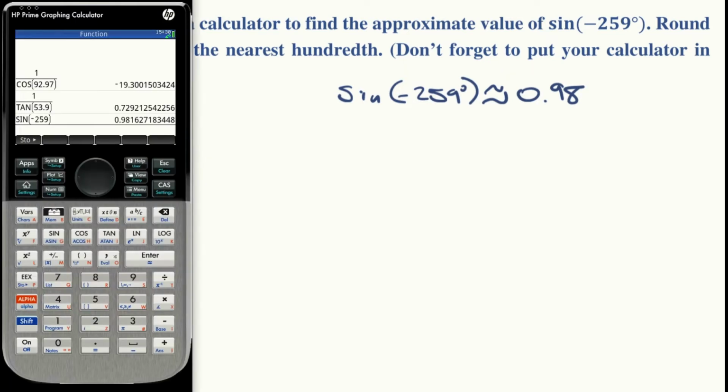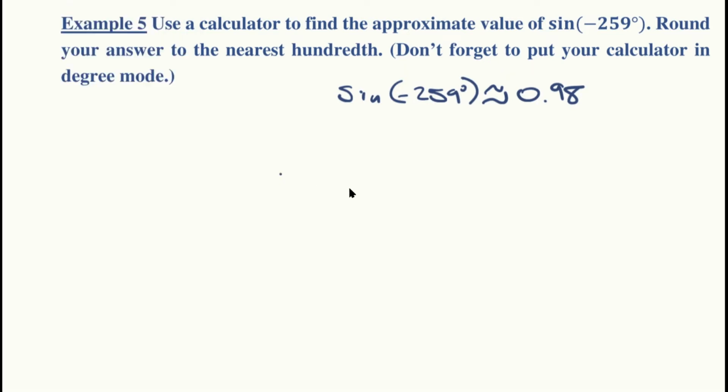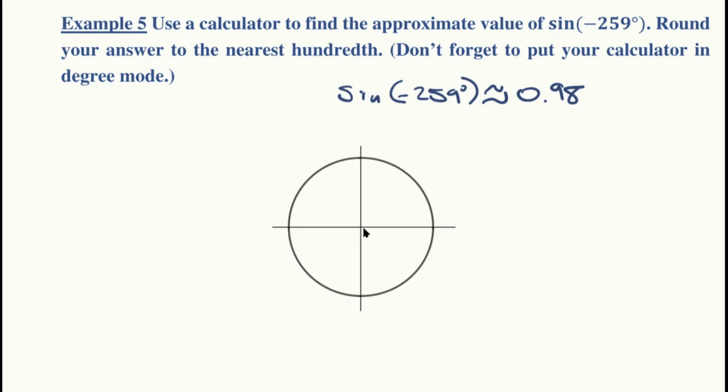Just a quick common sense check, right? Let's go ahead and bring our unit circle back. All right, so notice that for a negative 259 degree angle, we start here and we start moving in a clockwise manner, right? We know that that's going to be negative 90 degrees, negative 180.